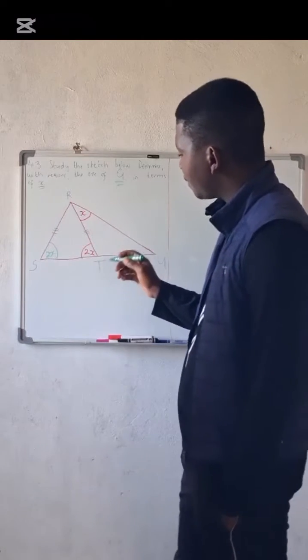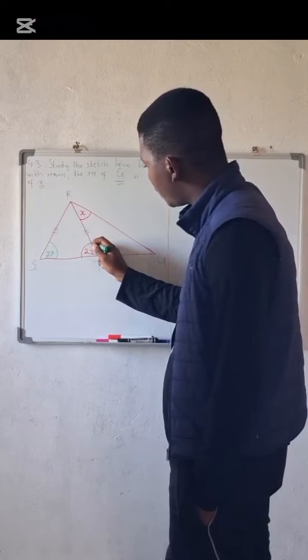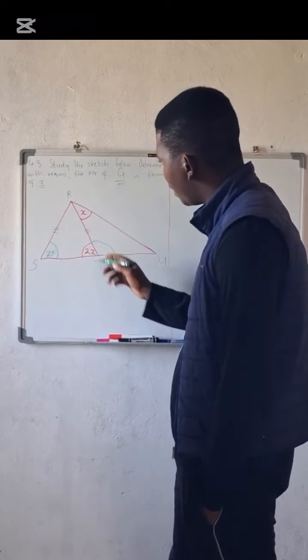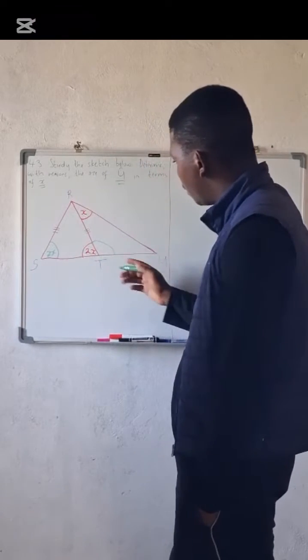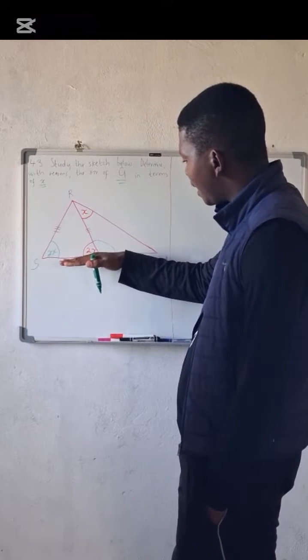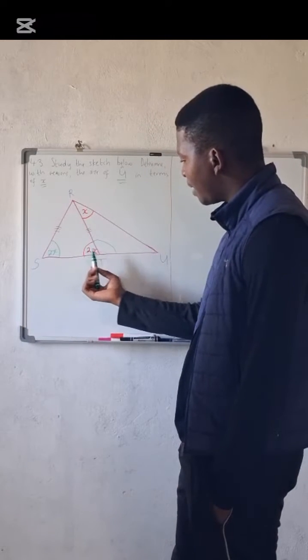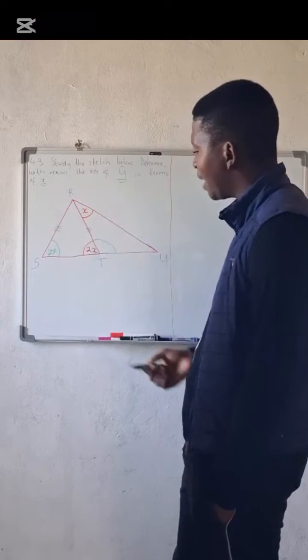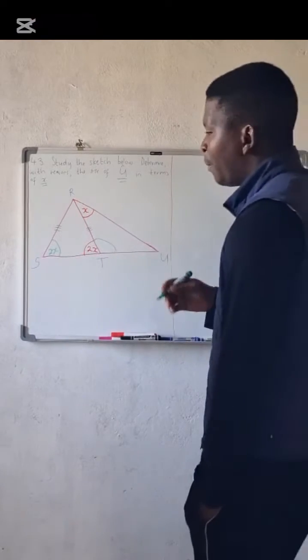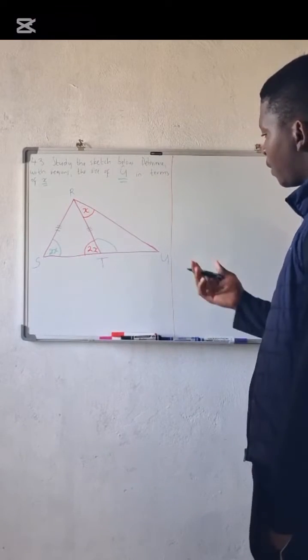What property, what theorem am I going to use? The angles on a straight line. I'm going to look for RTU using angles on a straight line. Can you see? Because I already have 2x, I can get this angle using angles on a straight line.